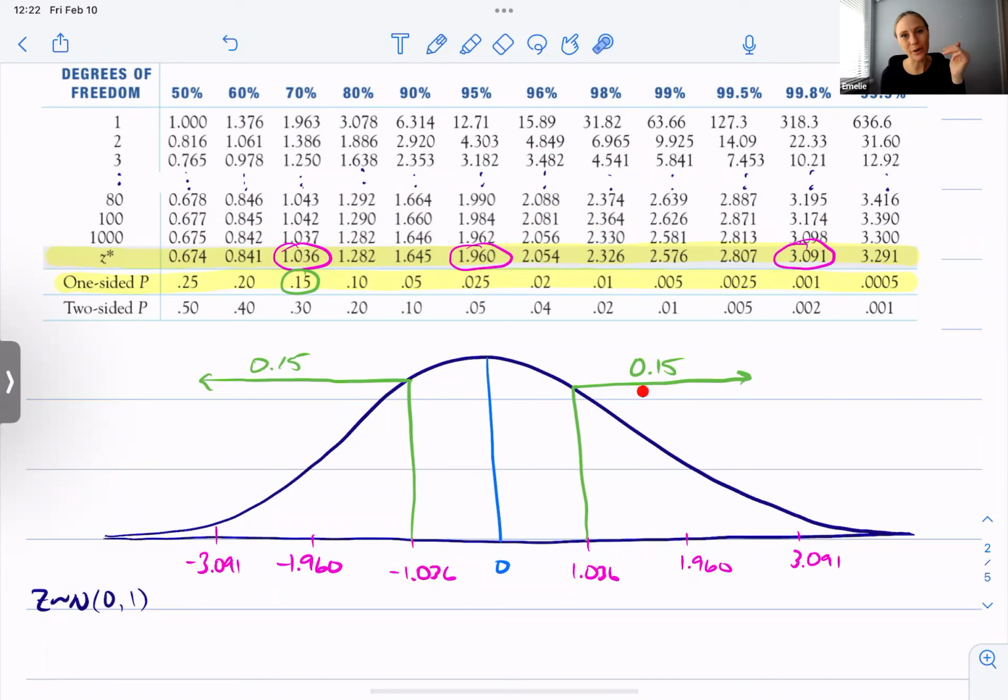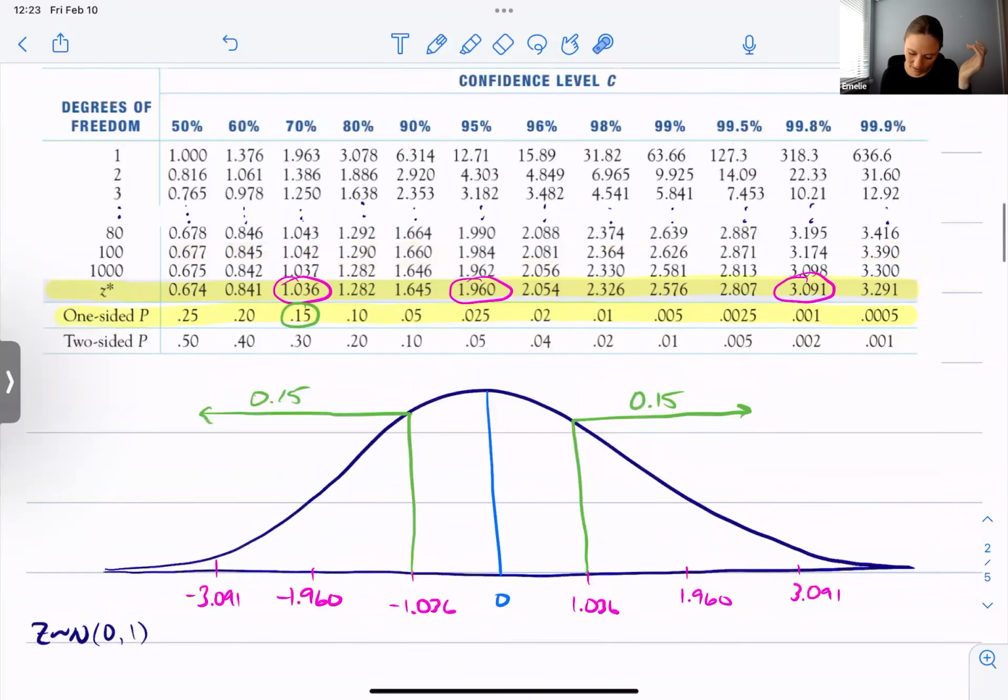It means that the probability of a Z-score of 1.036 or larger, in other words, an observation being more than one standard deviation above the mean, is 0.15. And the probability of an observation being more than one standard deviation below the mean is also 0.15.